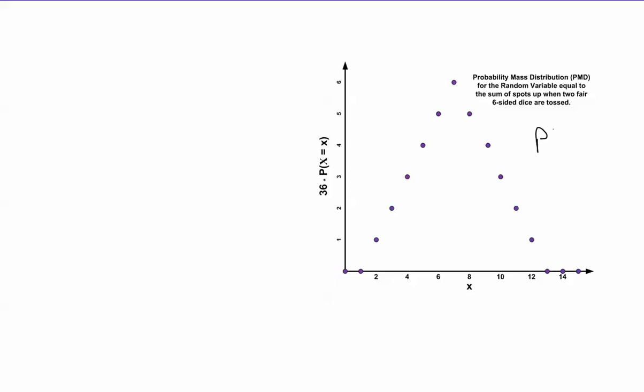This is my PMD, probability mass distribution for my chance experiment when I toss two fair dice and then subsequently add the total number of spots up. So what I want to do now is calculate the values for several locations on my cumulative distribution function.